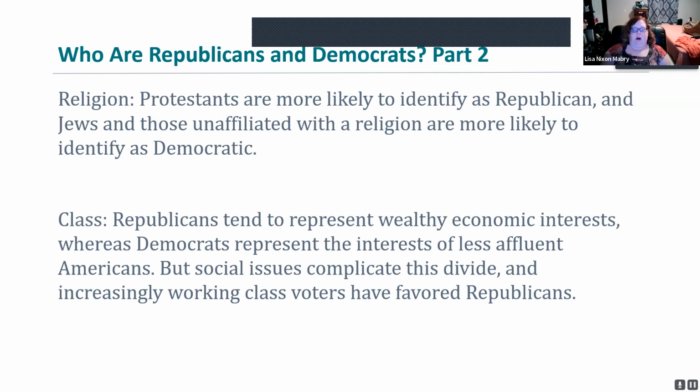People with a more traditional, conservative thought process and viewpoints in their religion are more likely to identify as Republicans, such as Protestants. People of the Jewish faith, or those unaffiliated with a religion at all, atheists, agnostics, et cetera, are more likely to identify as Democrat.